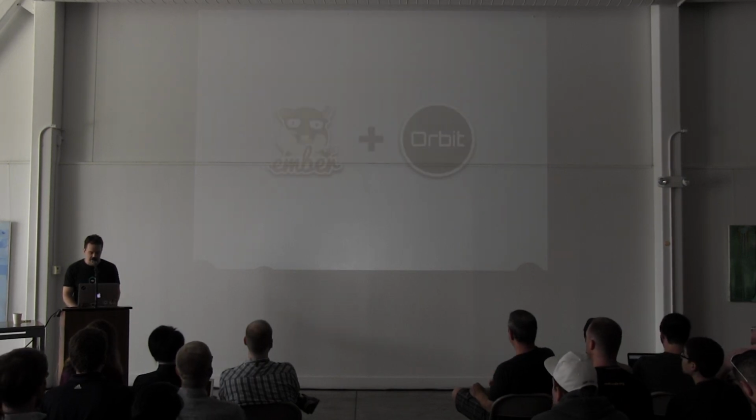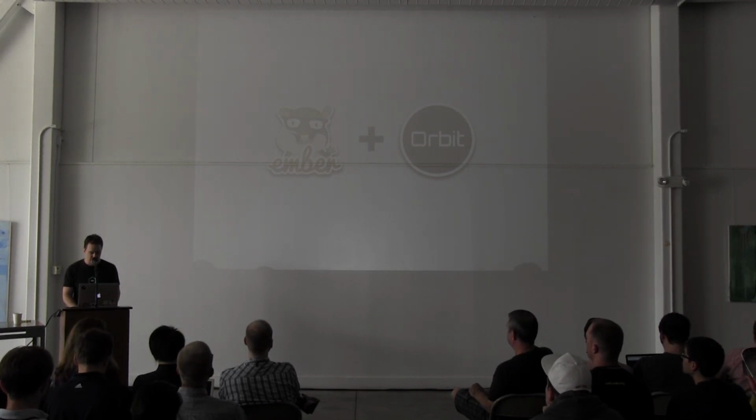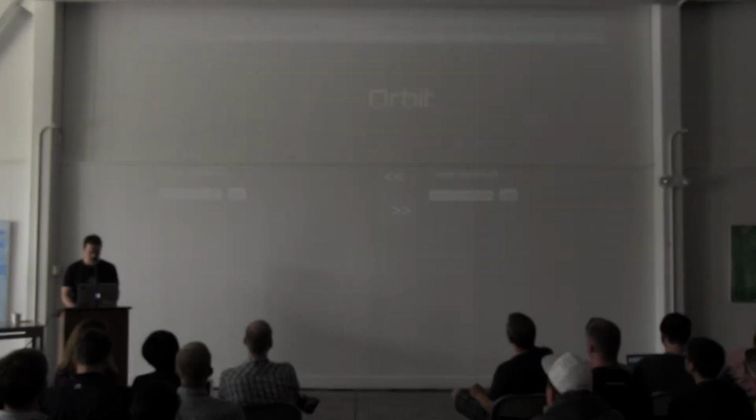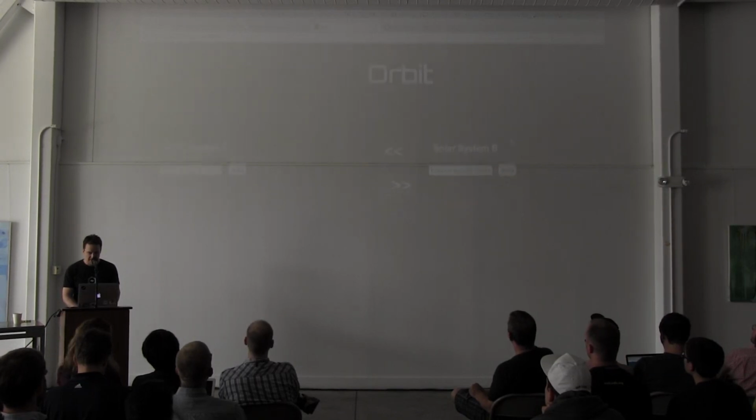So before I get too much into the trees, let's step out and see the forest for just a little bit with a simple demo of Orbit connecting two different sources.